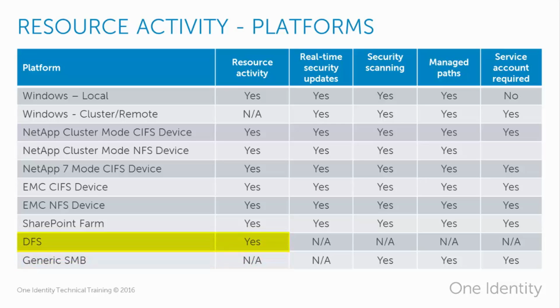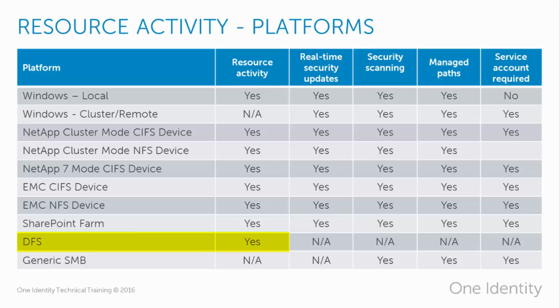And then finally, our last host type is DFS, distributed file system. The answer is yes with a but. We do allow you to collect and report on activity from DFS, but it's not actually DFS-based activity.